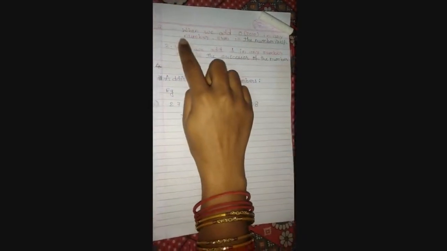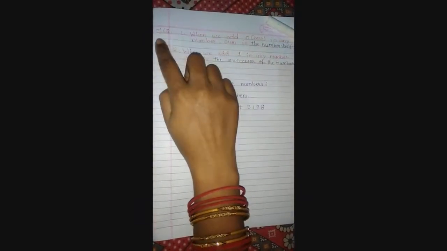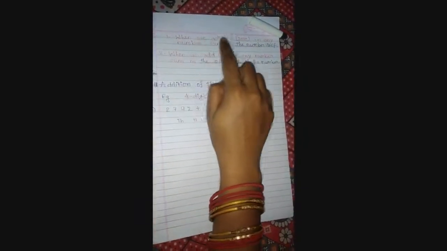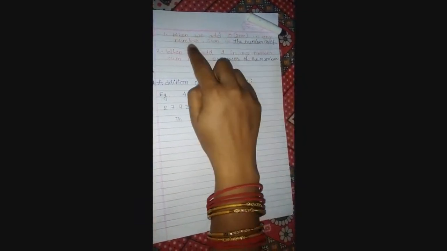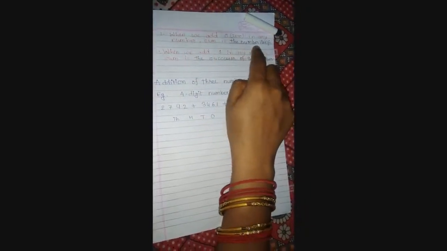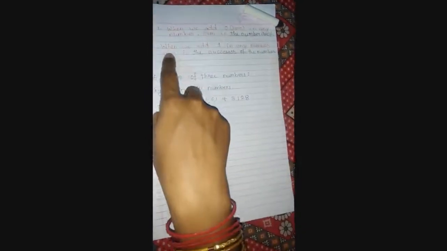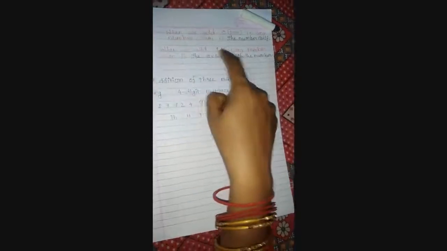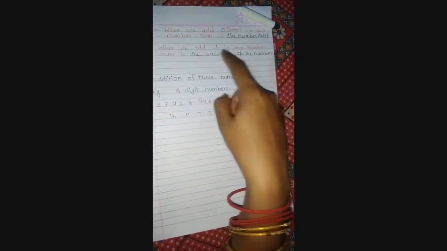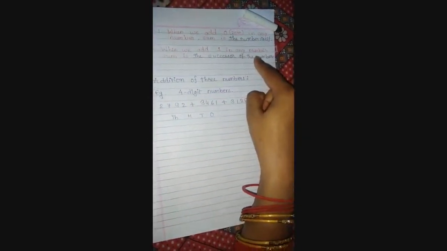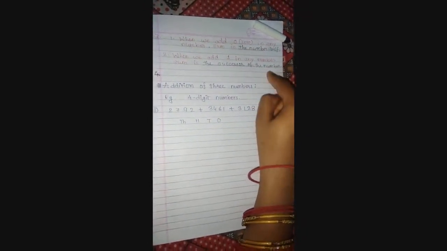When we add 0 to any number, the sum is the number itself. And when we add 1 to any number, the sum is the successor of the given number. This will help you solve MCQ questions and mental maths.